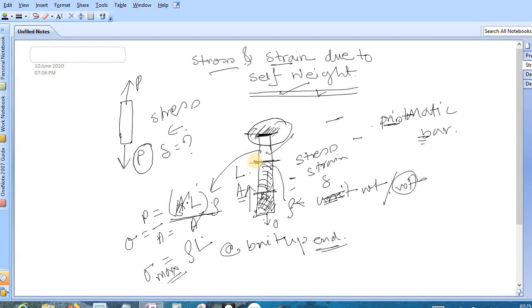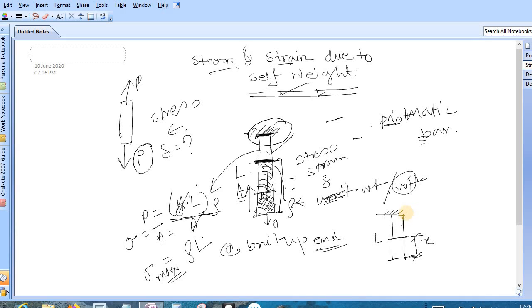Let's say we have to find here what is the stress. Simply what you need to know is the length of this stretch. Let's say, again draw it clearly. Let's say we have to calculate the stress here, and this is at the depth of x from bottom.